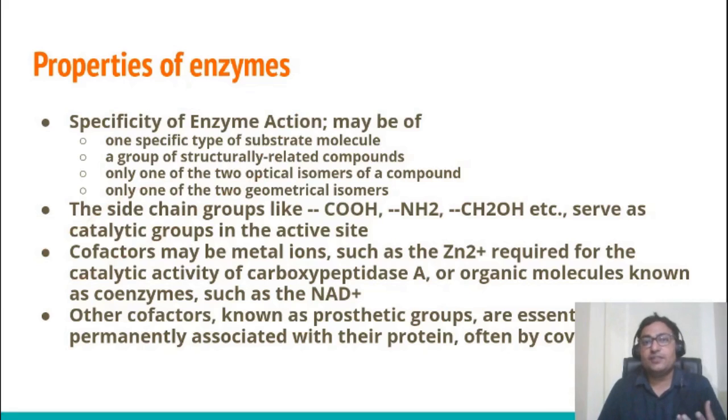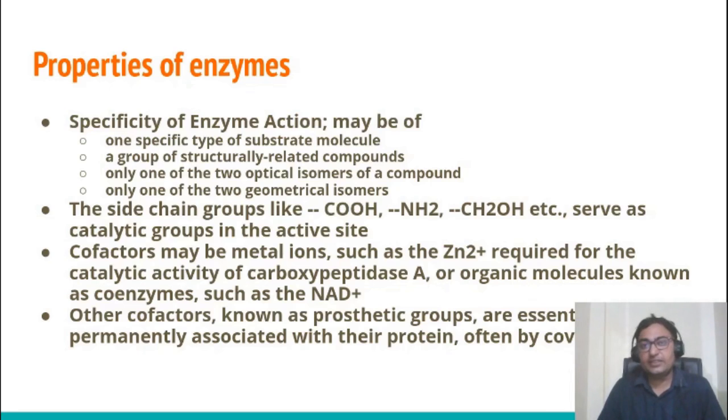That means if a compound possesses optical isomers, the enzyme can recognize all its optical isomers and catalyze a reaction. And sometimes the enzyme is very specific towards a single chiral form of the molecule, and that is basically chiral specificity.